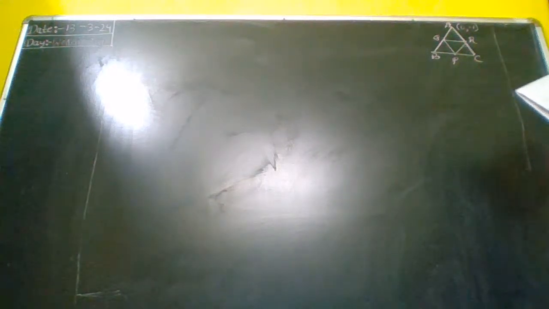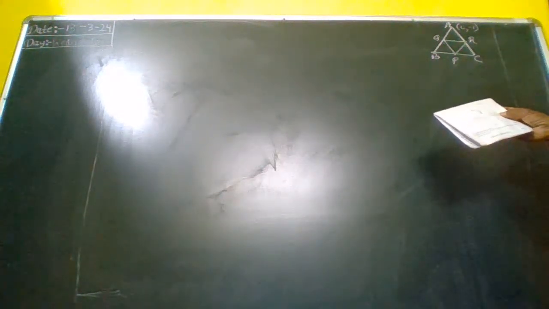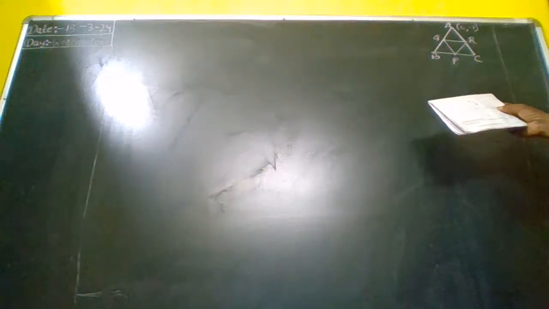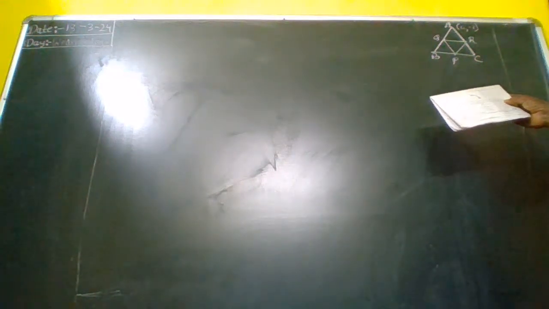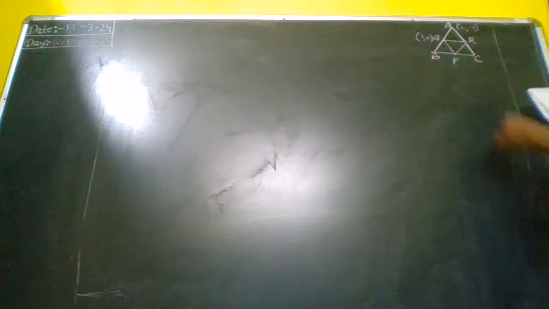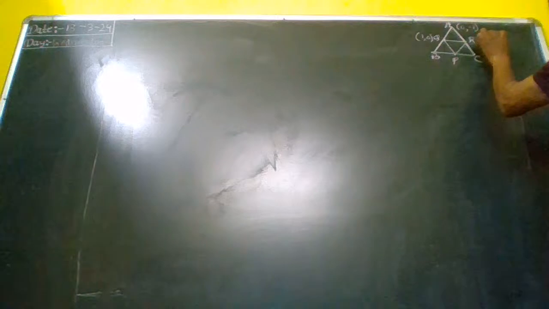Here D and E are given, but I have taken Q and R, no problem. I will change the notations. Q and R are the midpoints of AB and AC, and their coordinates are: the coordinate of Q is (1, 0), and R is (0, 1).